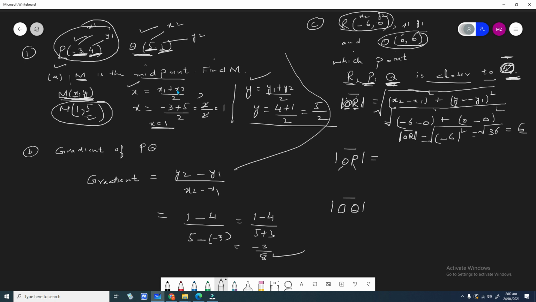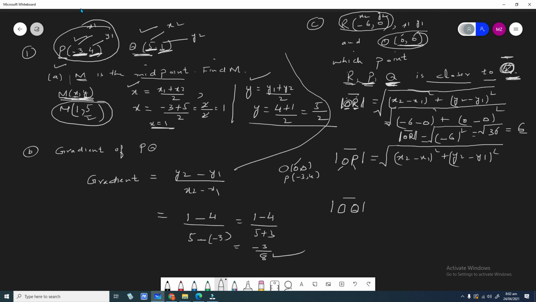So we will be using again the distance formula, x2 minus x1 whole square plus y2 minus y1 whole square under root. So we need to put the values: the origin has coordinates 0, 0, and P coordinates are minus 3 and 4.